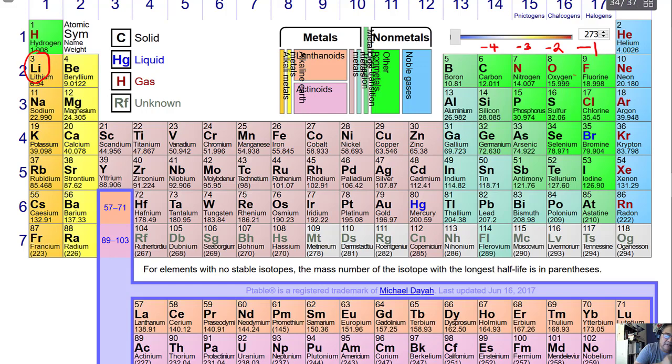Lithium, right? Little lithium over here, has 3 protons and 3 electrons. Now, if it wants to be like a noble gas, it could pick up 7 more and be like neon, but that's a lot of stuff for a small atom to be holding. It's much easier for it to go from 3 down to 2.